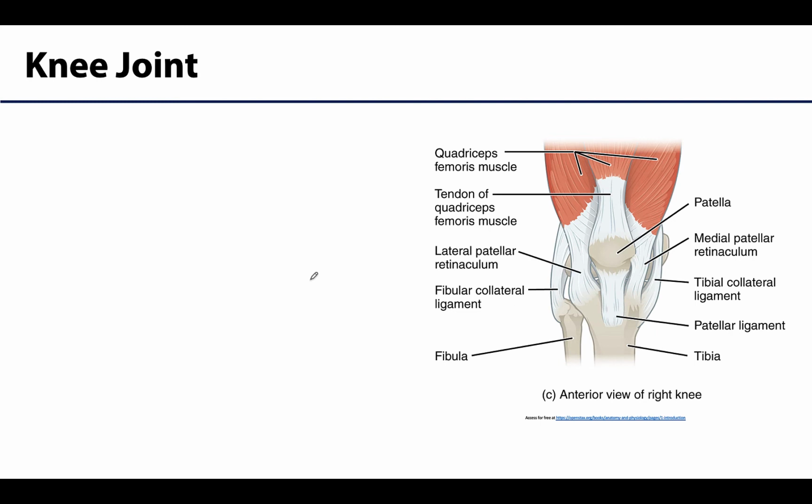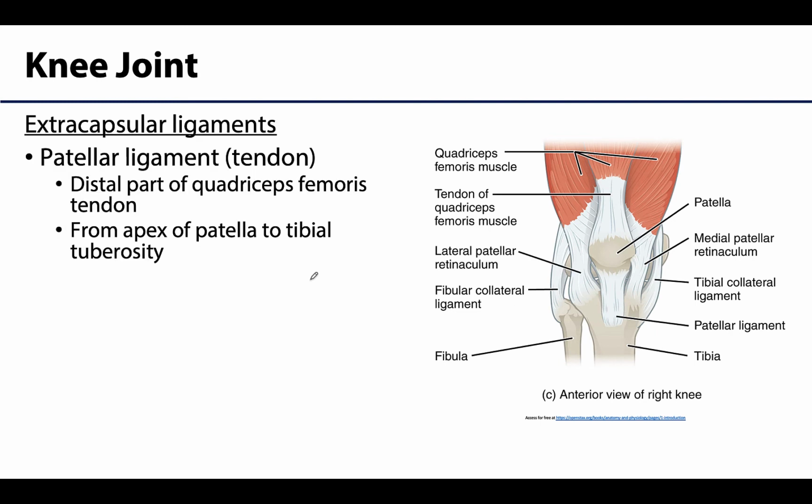Okay, let's talk ligaments, and there are a lot of ligaments when we're talking about the knee joint. Probably the largest, and some would argue the most important, will be the patellar ligament. It's actually the distal part of the quadriceps femoris tendon. So you can see at this point it's going to be the tendon, and then the part from the patella to the tibial tuberosity, which would be just deep to this, since it's connecting bone to bone, is considered a ligament.